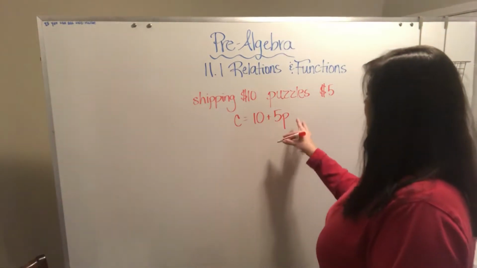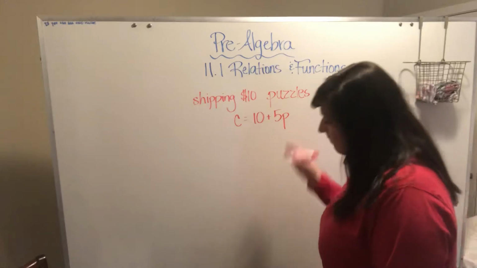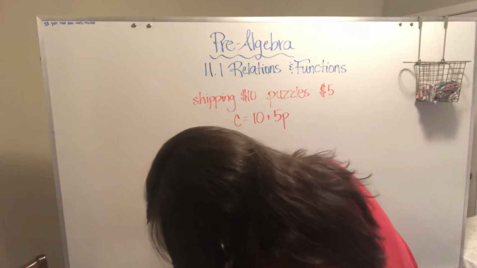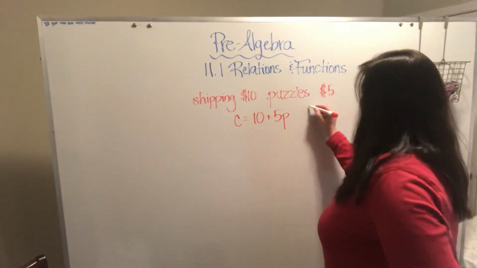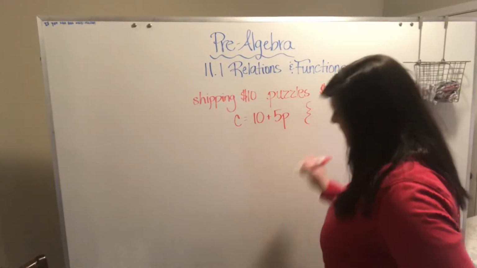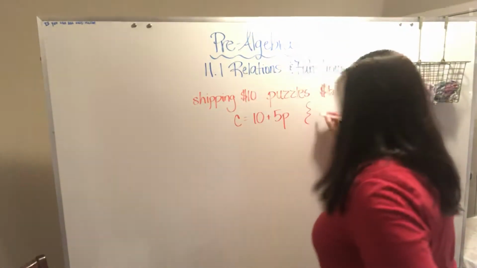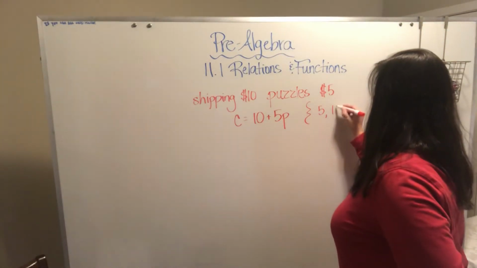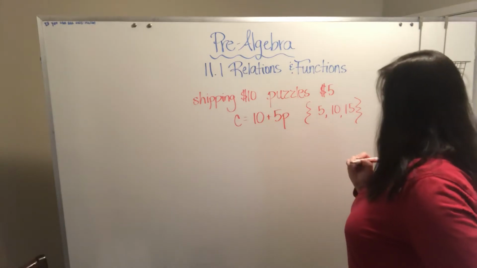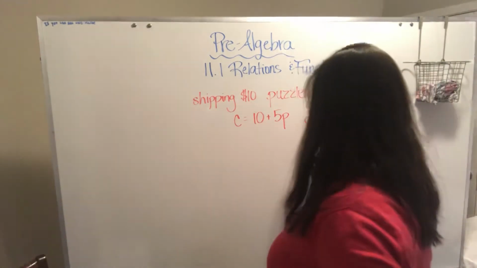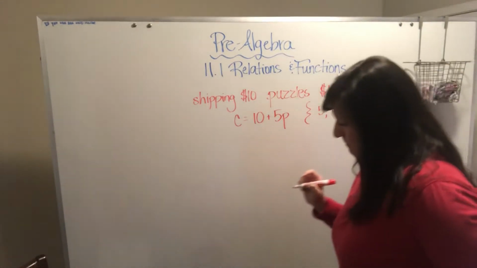So in this case, let's figure out what's the cost if I buy, let's say 5, 10, and 15 puzzles? That'll be my first question. The cost of all those puzzles.